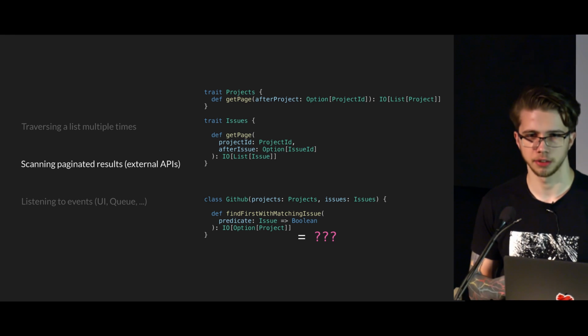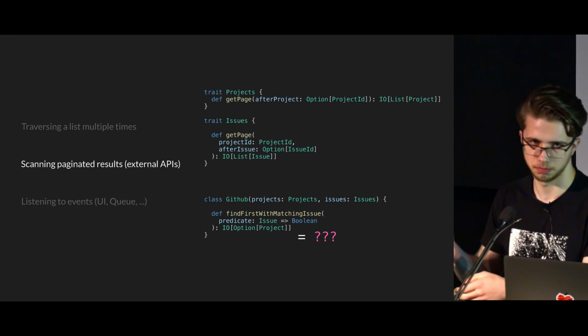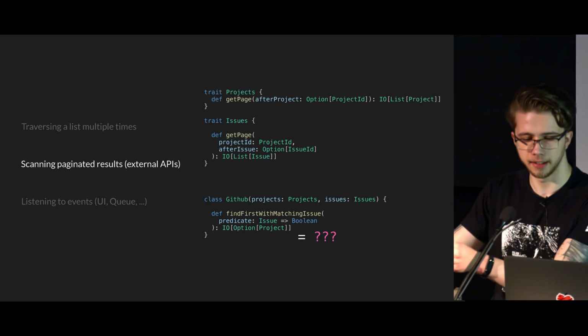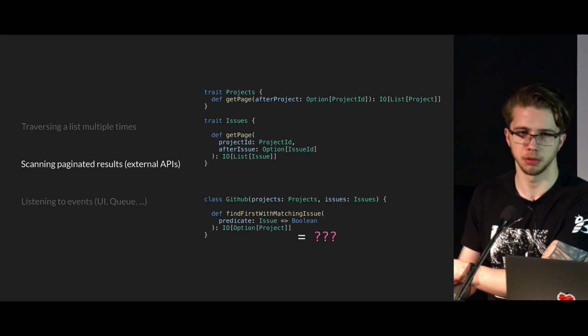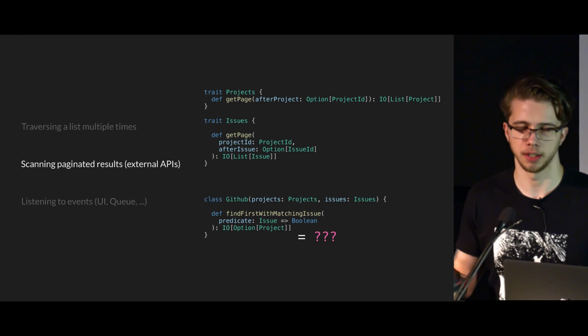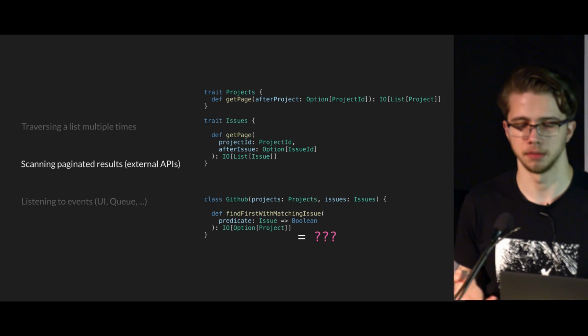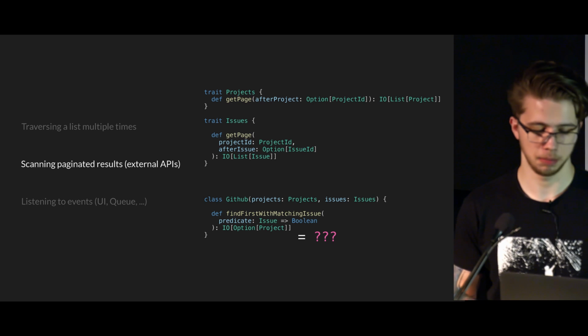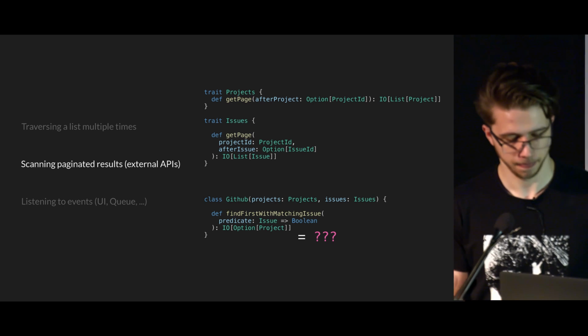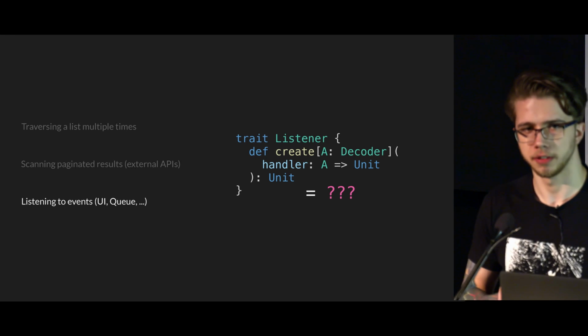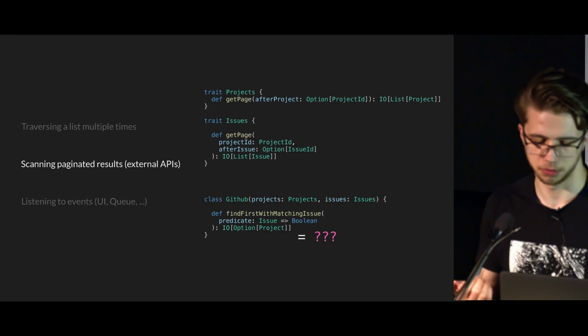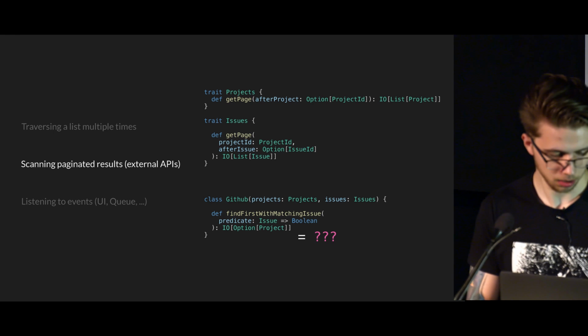So we cannot just do flat map and traverse and recurse and then filter and only stop at the element that we are looking for, because we will unnecessarily traverse the whole list and make a bunch of calls that maybe just one would have been enough. So this would be slightly more complex to write than the first example.